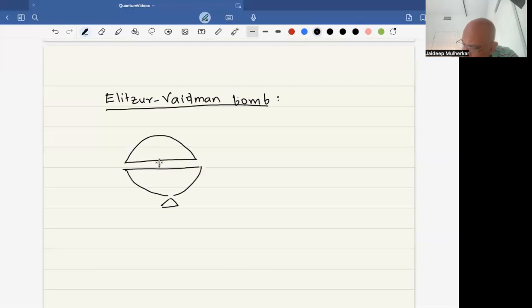So you have placed a detector. And if the bomb is faulty, if you pass, let's say, something like a photon through the bomb, then the photon comes out as it is. However, if the bomb is working, then this bomb will explode.